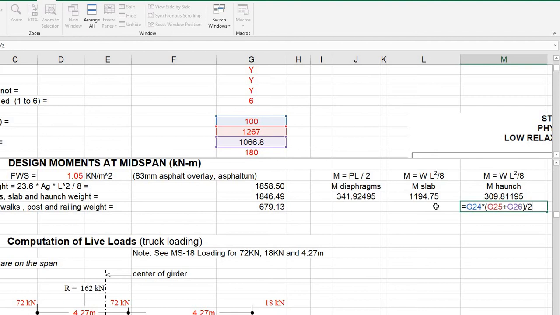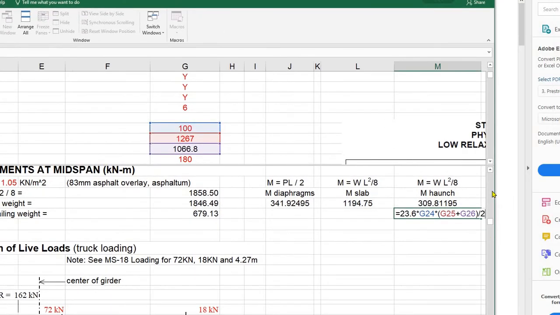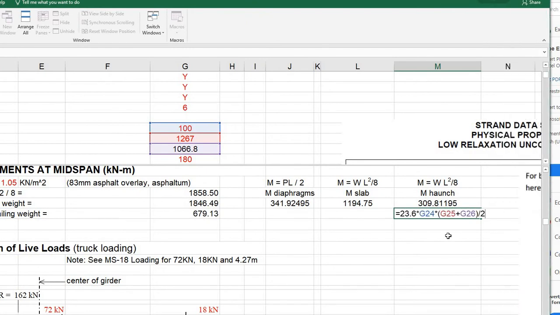Next. So, meron na tayong cross-section ng trapezoid. We now multiply this by 23.6 times. Okay? Pero, note that the area is again in terms of millimeter squared. So, i-divide natin siya ng 1,000 para maging meter squared.